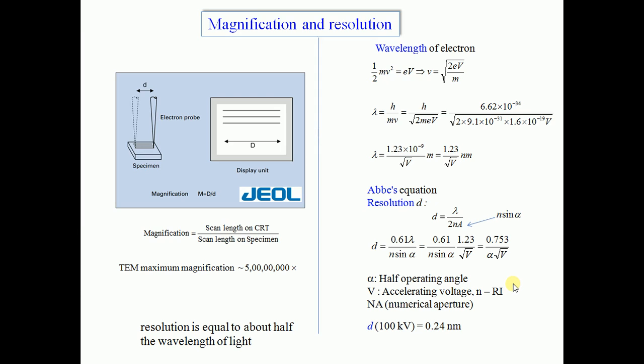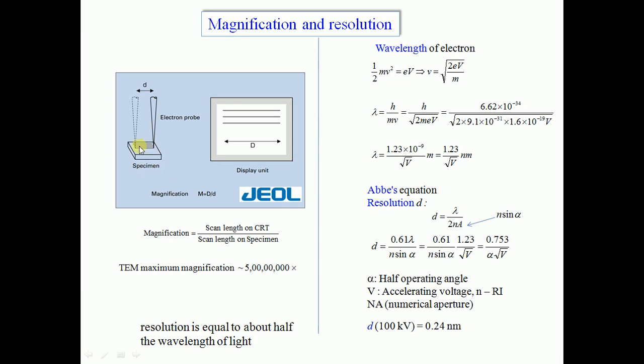Magnification is just a ratio of two lengths: one length on our display unit, that is the CRT or computer screen, and another length, the same scan on the sample. This magnification is defined by considering SEM, for example.